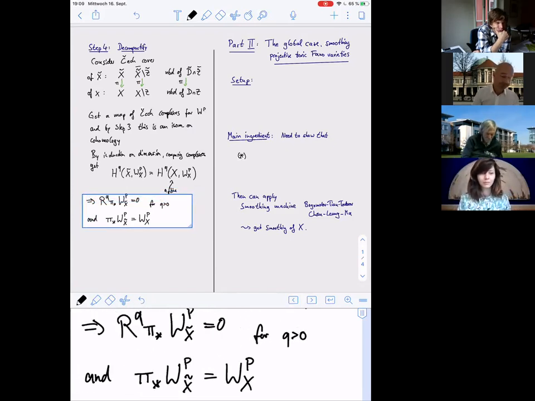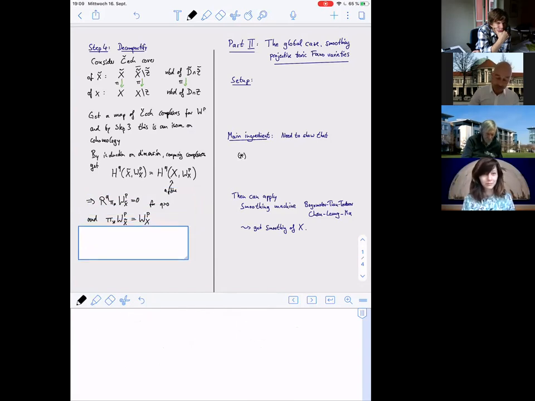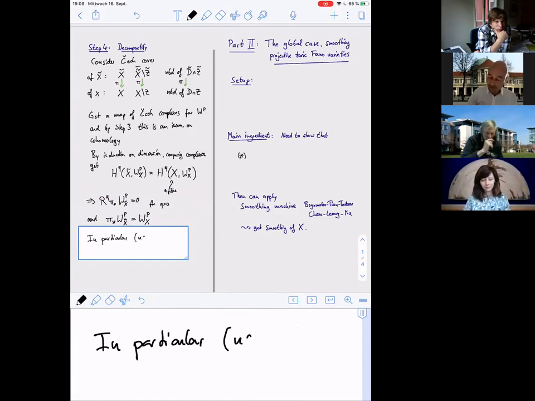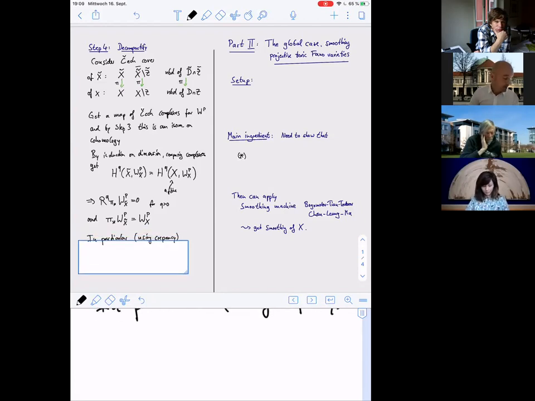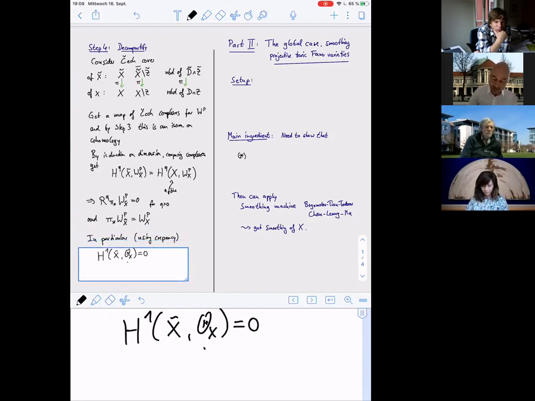So very nice. And a direct consequence of that, in particular, using crepancy. So the resolution is crepant. Upstairs, the thing is Calabi-Yau. We have that the first homology of theta, the log derivations, vanishes because that's just isomorphic to the forms in dimension n minus 1.